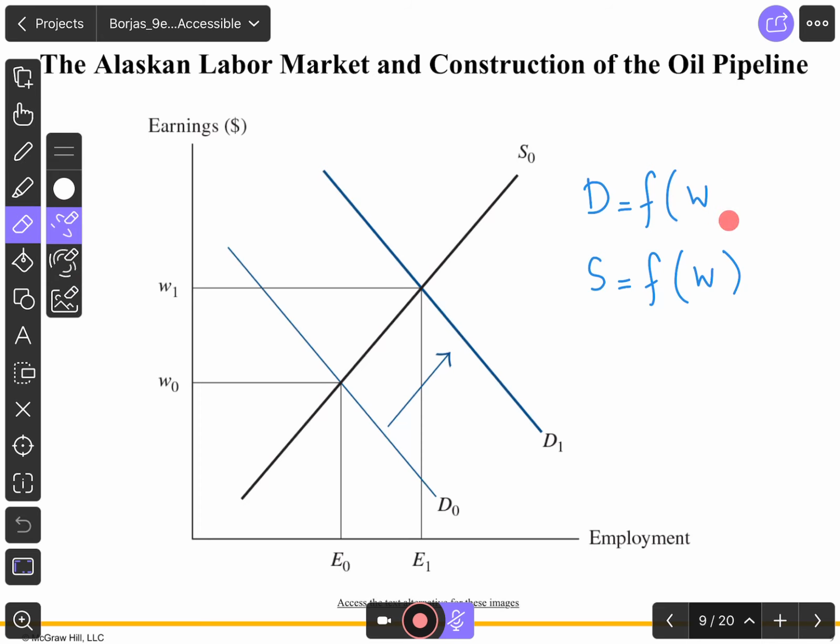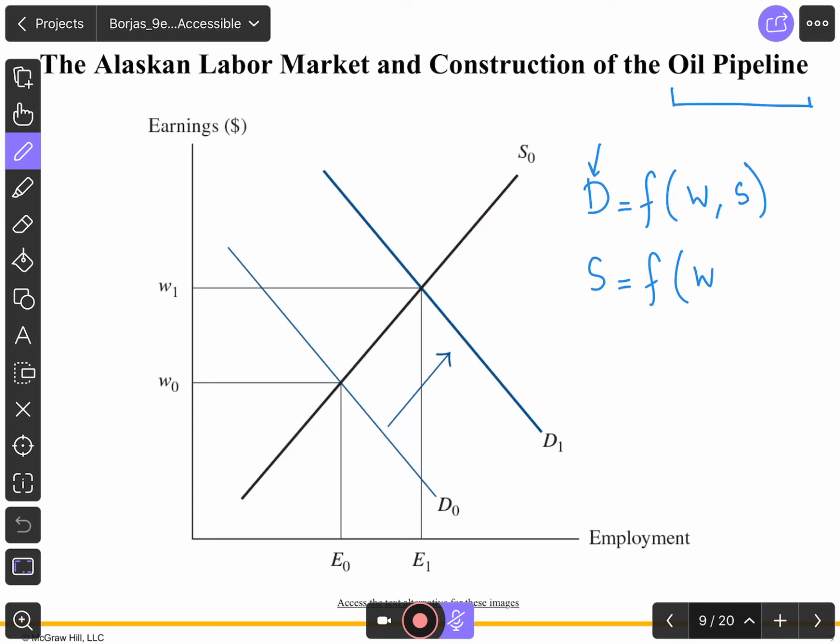Because there are so many other things that affect the demand to hire more workers. Let's say any shock, like a supply shock, for example, the example that we will discuss in the Alaskan labor market, that affects the demand for workers.